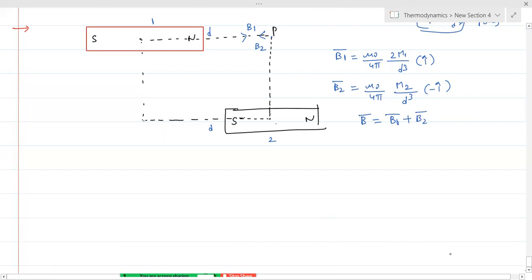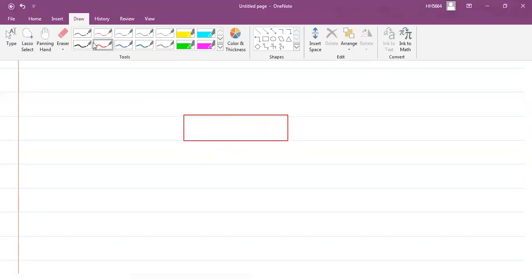And I'm taking another model. For example, we have two bar magnets. So this is one bar magnet here, and this will be another bar magnet. Let us take that it has a magnetic moment M1 and it has a magnetic moment M2.